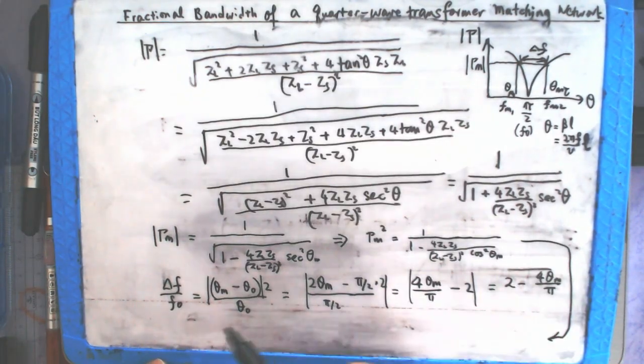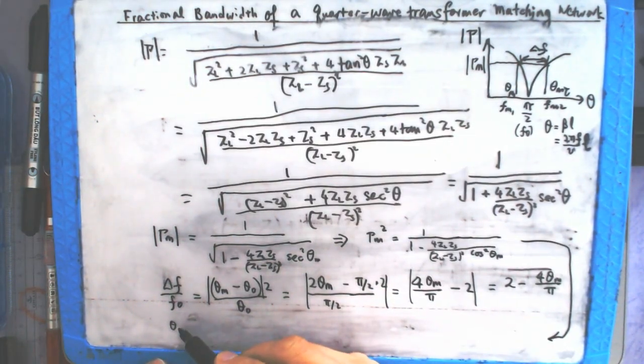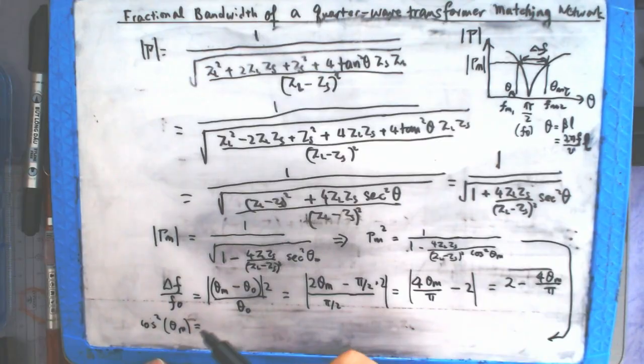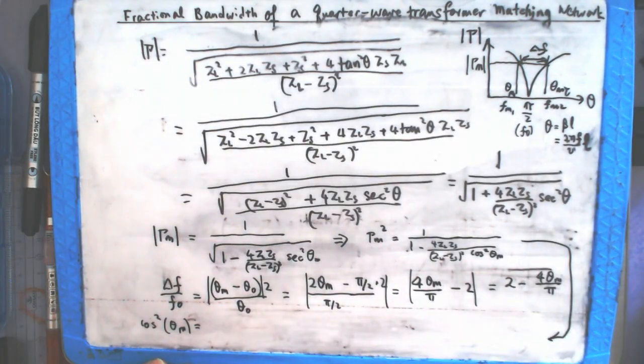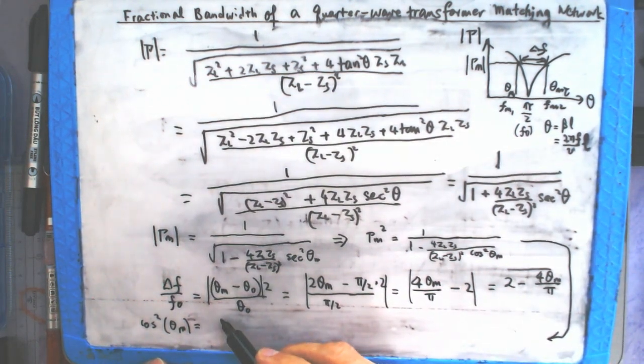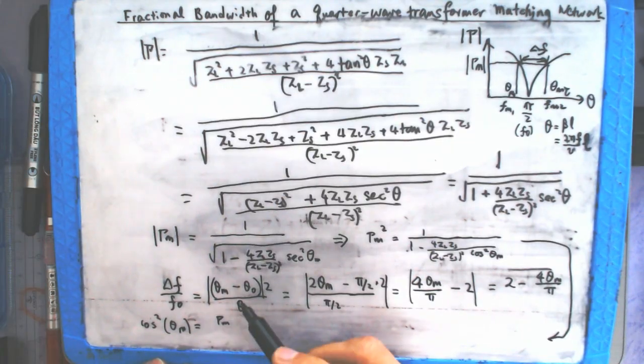So from here, theta m, cosine square is theta m square.